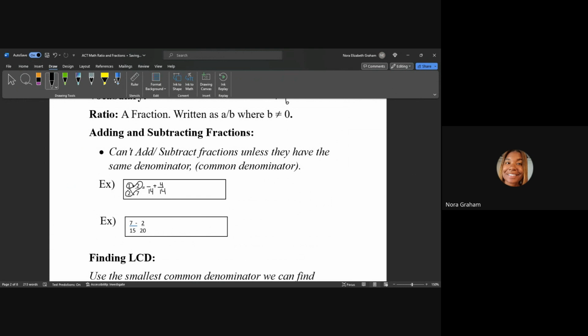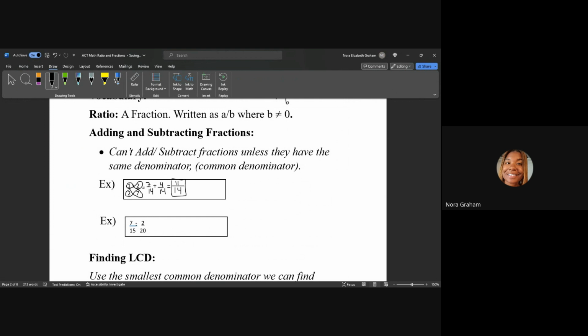Sometimes I like to call this the butterfly method. 1 times 7, that's 7. Now I have two fractions set up where they're the same denominators. So since it's the same denominators, I can go ahead and just add my numerators, or my top numbers. And that's going to give me 11. So my answer is going to be 11 over 14.